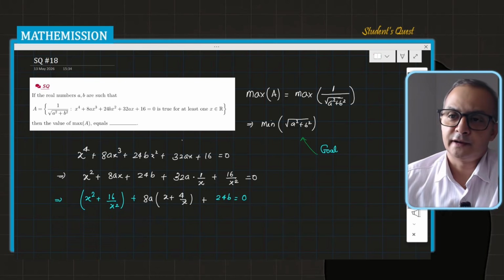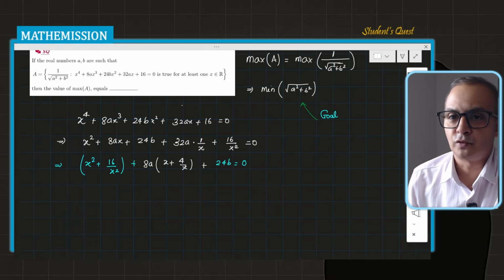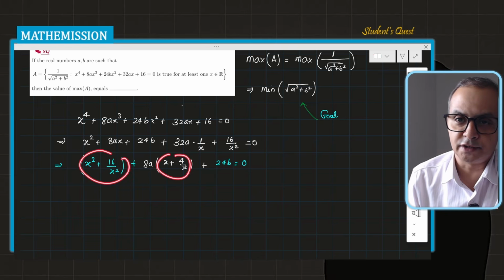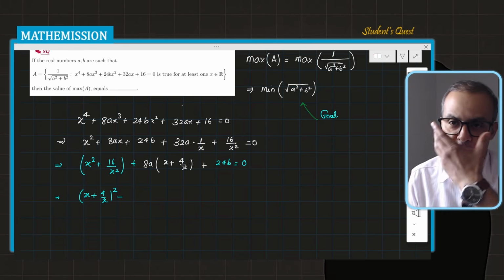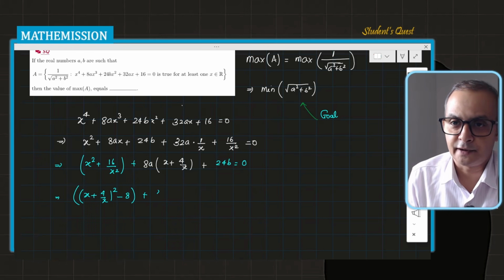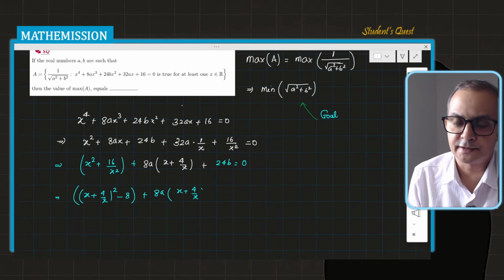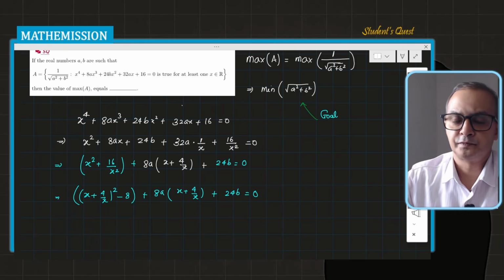So you realize something is happening with these quantities. I can write the first term as x plus 4 by x the whole squared minus 8, and then 8a times x plus 4 by x, plus 24b is equal to 0.